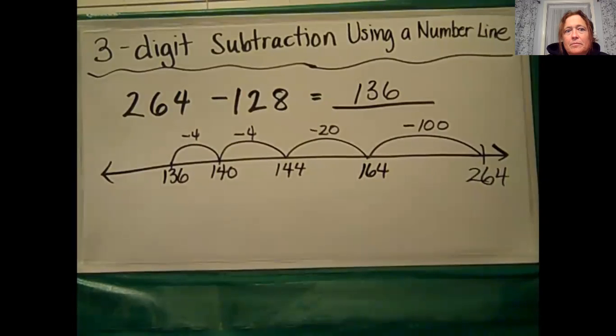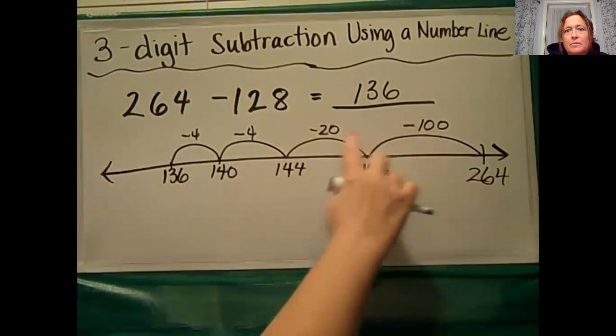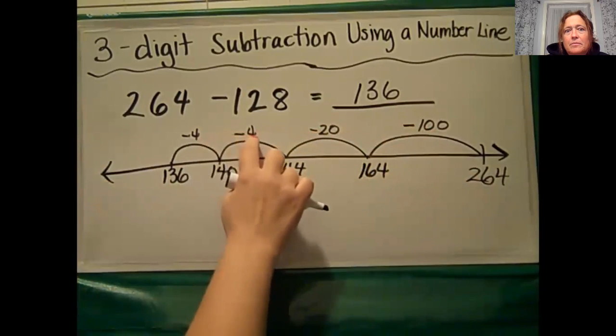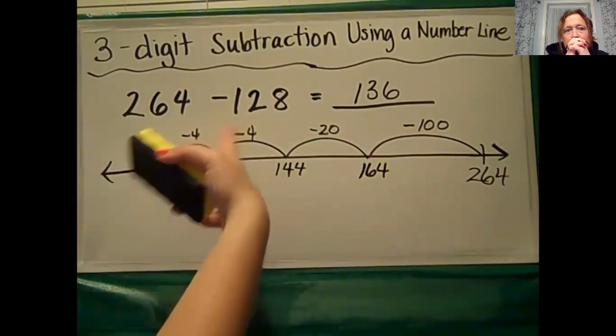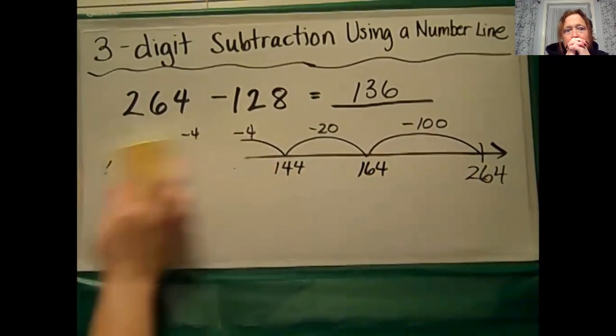But again, say you didn't want to hop backwards. Let me just double check that that's 120 and 124 and 128 that I hopped. But say that you don't want to hop backwards because it's too confusing. Again, you can solve this like an addition.